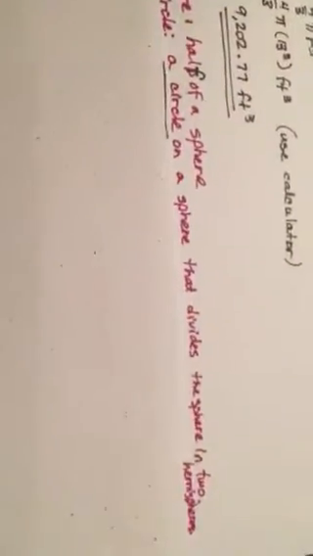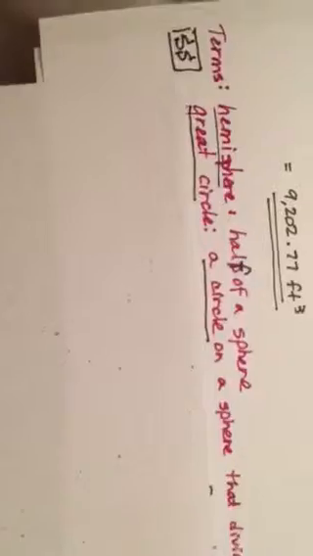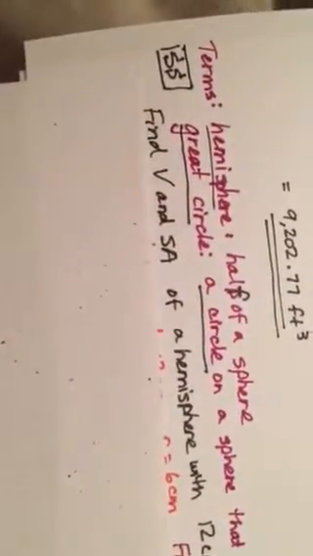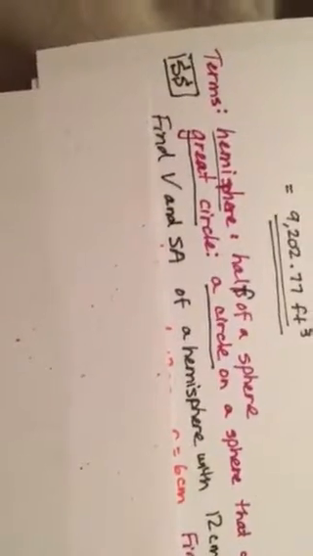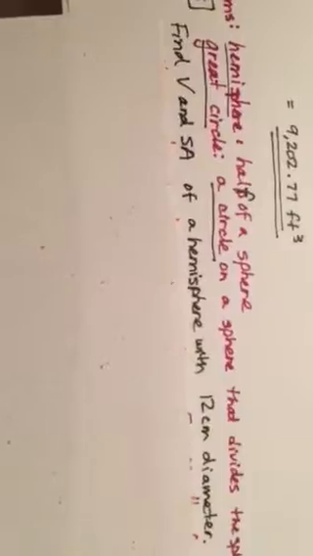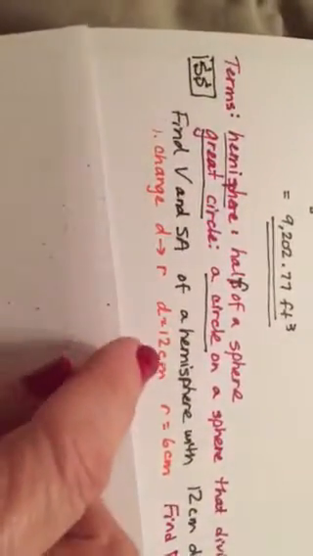The new term is a hemisphere, which is a half of a sphere, and a great circle, the circle on the sphere that divides the sphere into two hemispheres. So we cut it in half, and we have an extra circle, and that's an extra portion of surface area we need to count. So now we're going to find the volume and surface area of the hemisphere with a 12 centimeter diameter. First we have to change our diameter to a radius.